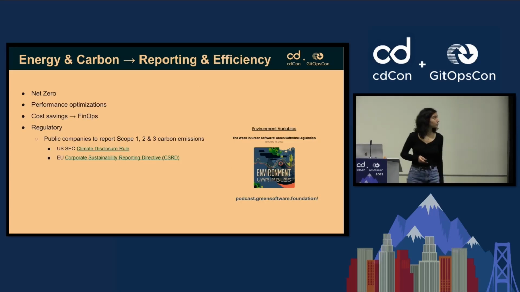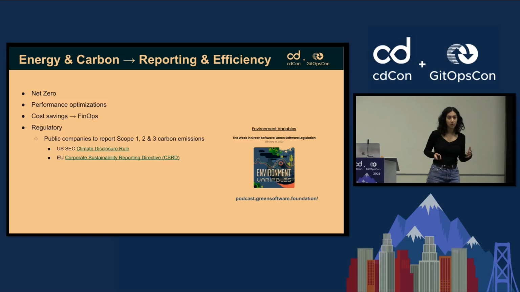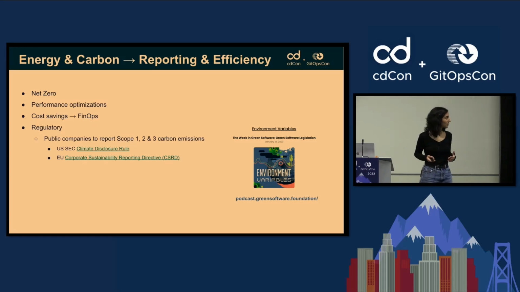And so let's go a little bit deeper in this conversation on energy and carbon monitoring and optimization in the cloud-native ecosystem. There are some drivers in the market, such as net zero. A lot of companies have these in place, and other sustainability targets. So that means reducing the energy usage and carbon emissions of your infrastructure.